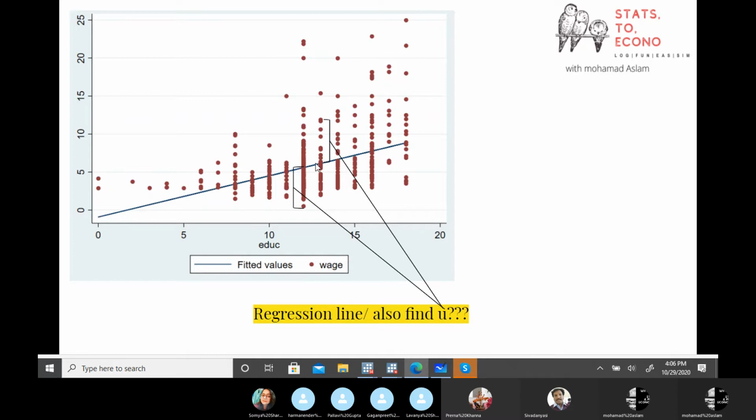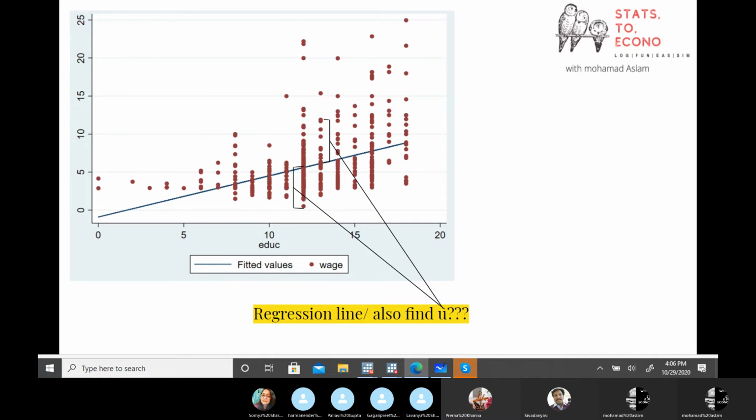So let's suppose you have a regression line somewhere here which doesn't even pass through these means. Can you rely on that line as representative of your data? There is no way you can rely on that line if it's not passing through these means, where the averages are. The regression line is an average line, passing through the means.